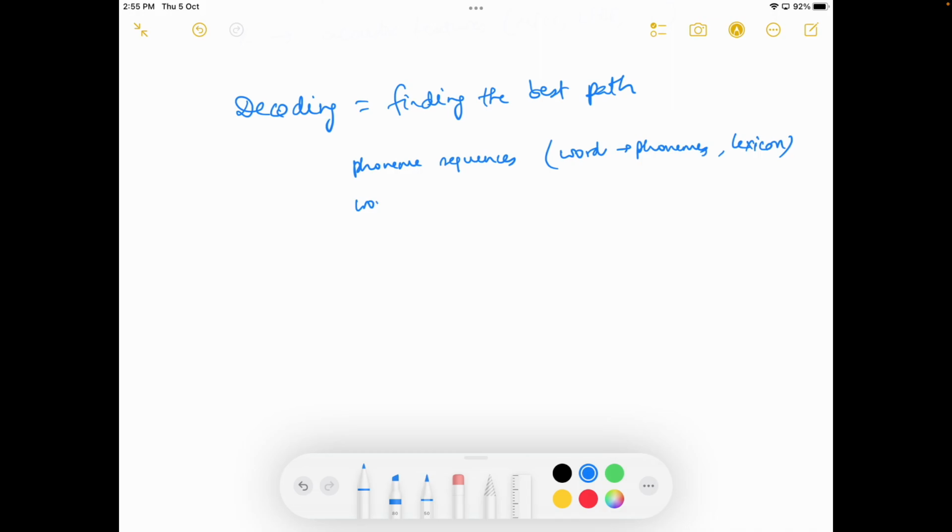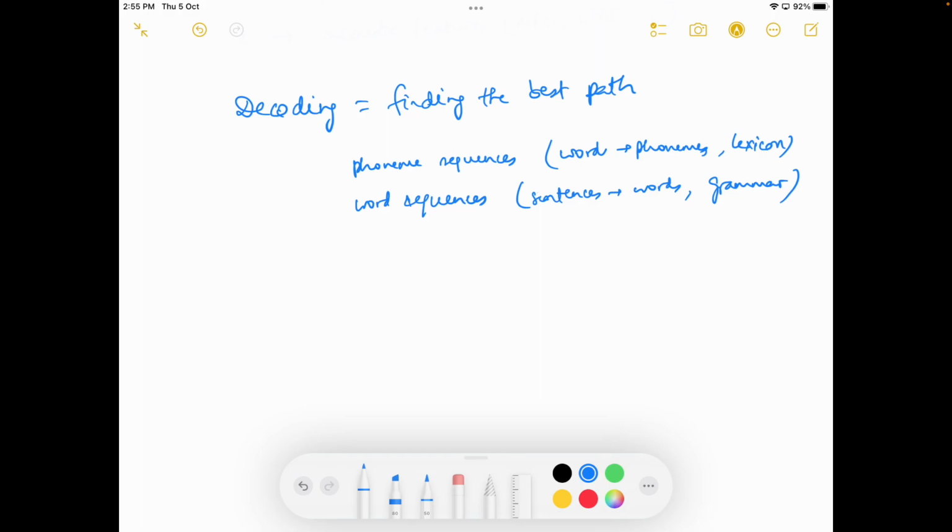You can have word sequences, how words make up sentences, or sentences are made up of words. And your grammar will tell you what word sequences are possible.